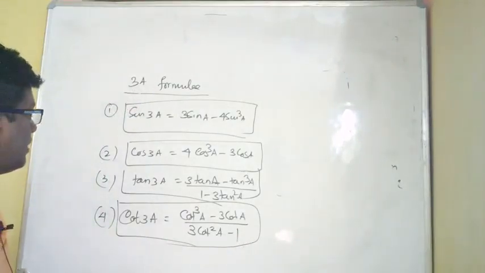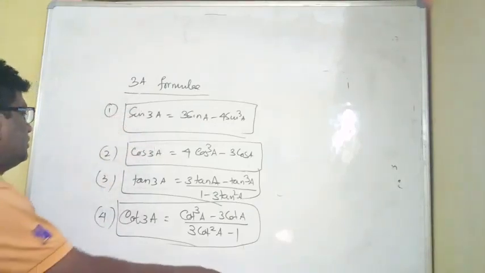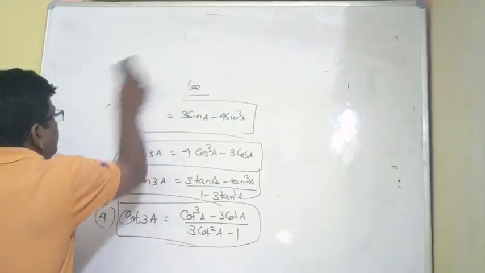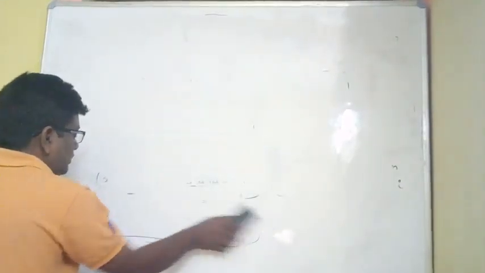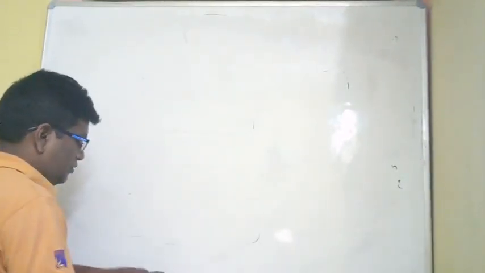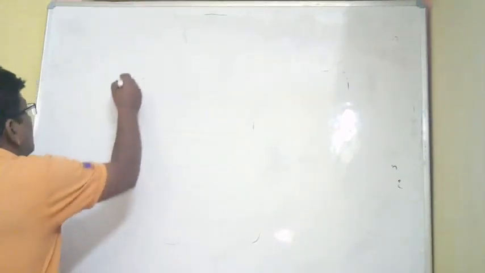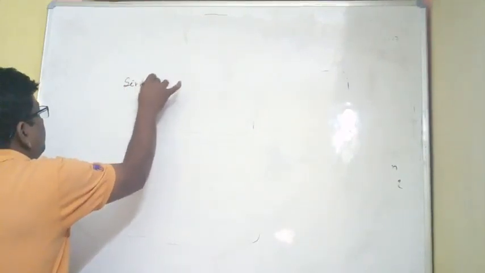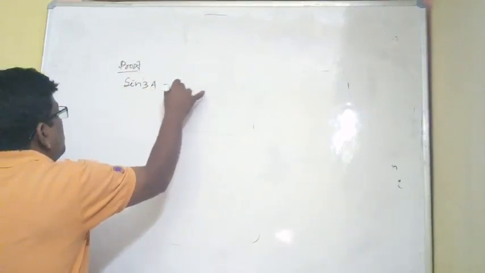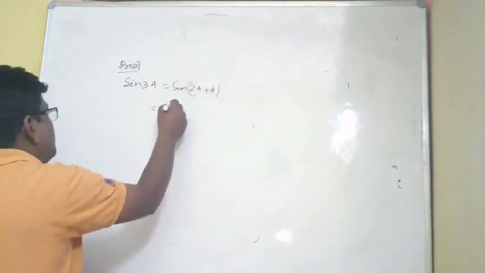How to prove this formula? This can be proved. From this I will do one proof. Suppose sin 3A. Proof: sin 3A is equal to sin of 2A plus A, which is sin A plus B formula.